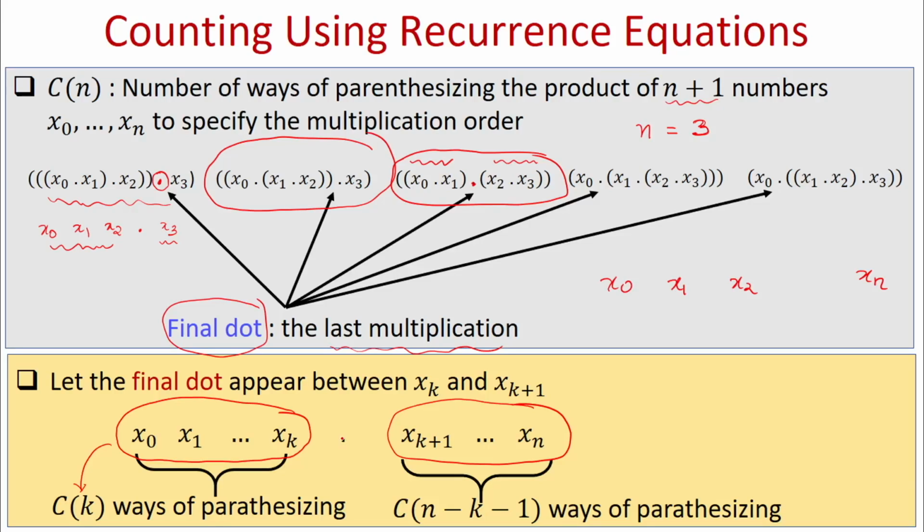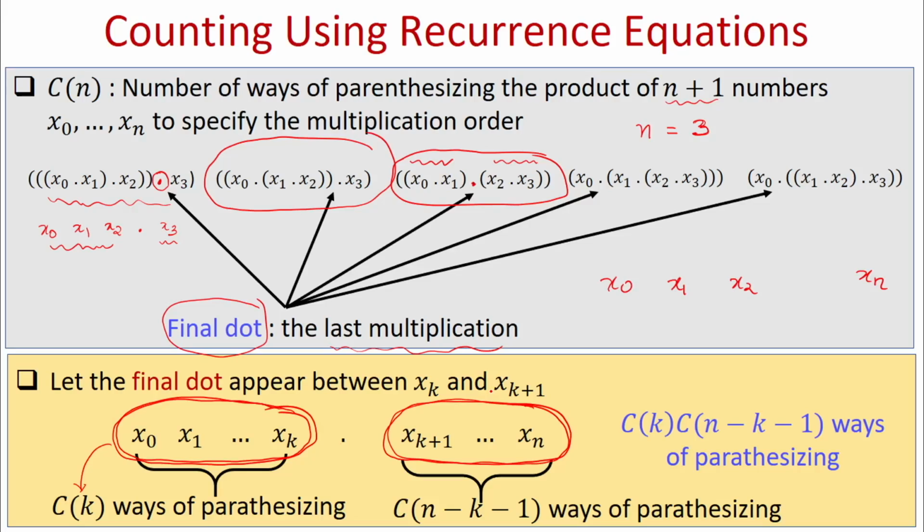Now, if you find out the total number of ways of parenthesizing the part before the final dot and the number of ways of parenthesizing the expression that is there after the final dot, then if you multiply them as per the product rule, that will give you the total number of ways of parenthesizing the numbers x0 to xn, provided the final dot appears between xk and xk plus 1.